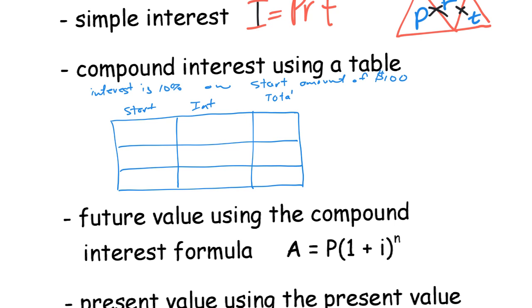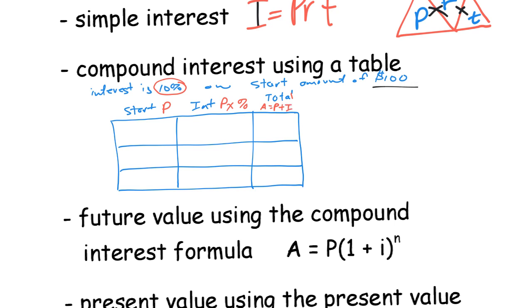Now, the start is always the principal. The interest is equal to the principal times our percentage, right? So our percentage in this case is 10%. And then our total is going to be the amount, which is equal to the principal plus the interest. So let's go through all of these steps.